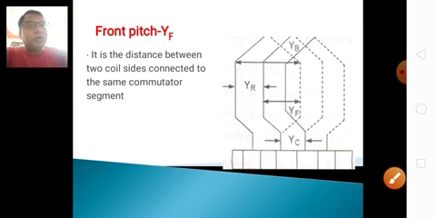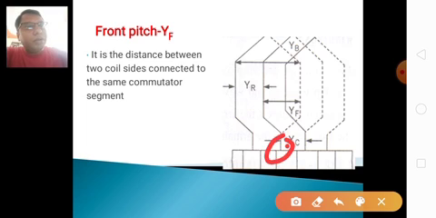The distance between the two coil sides connected to the same commutator segment. Here the commutator segment is the same.